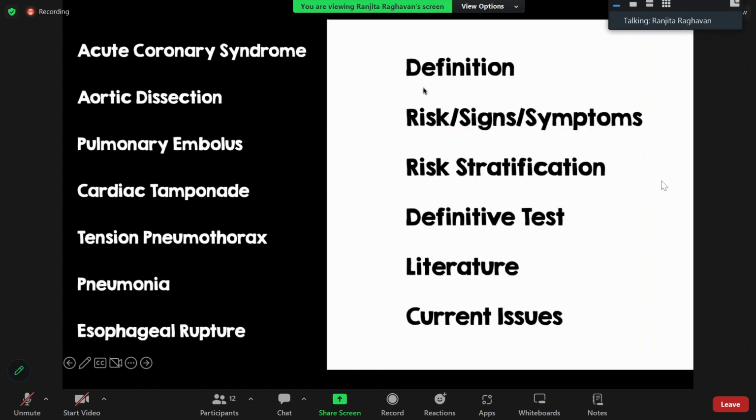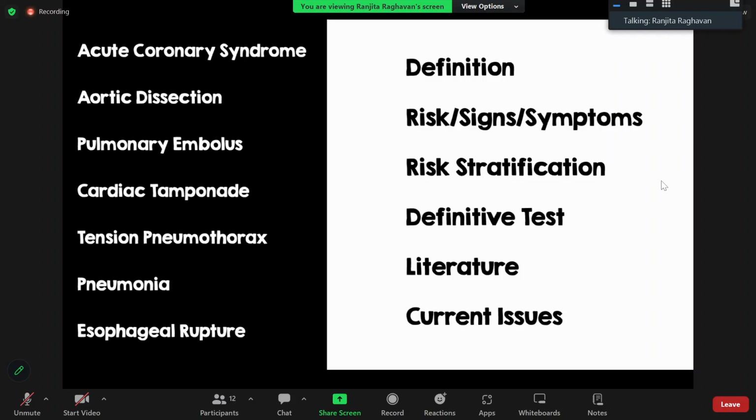For ACS, before we start, the way we're going to go through it today is we're going to have the definition, the risks, the signs, the symptoms, risk stratification tools that you can possibly decide to use, and what the definitive test is.